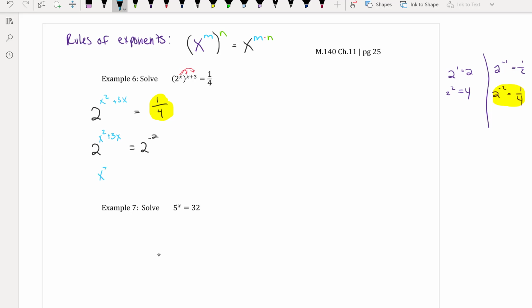So x squared plus 3x is equal to the exponent of negative 2. So I'm going to add 2 to both sides so that I can get x squared plus 3x plus 2 is equal to 0.